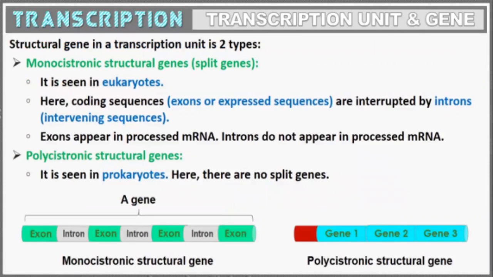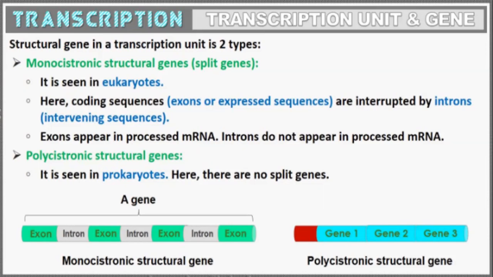Structural gene in a transcription unit is of two types, that is monocistronic gene and polycistronic gene. The monocistronic structural genes, or the split genes, are present in eukaryotes. They carry information about one polypeptide chain.